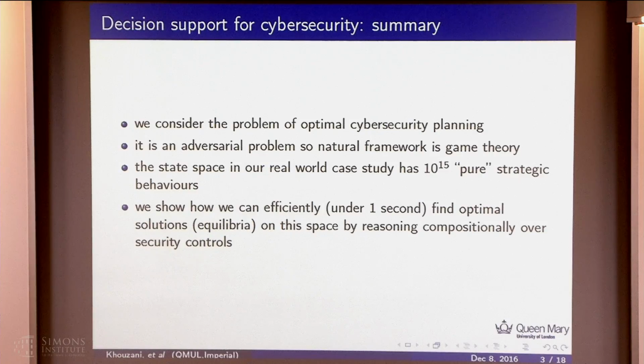As part of this project we also did a real-world evaluation, possibly the largest cybersecurity evaluation to date. That's where this huge number of strategic behaviors comes along. And as you can see, we can find an efficient solution to this problem, essentially by reasoning compositionally over security controls.